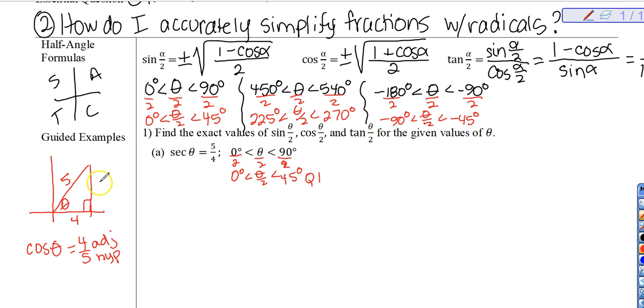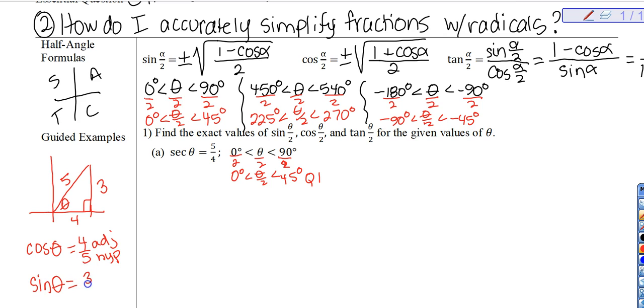What's the opposite? Yeah, this is a 3, 4, 5. And of course you can use the Pythagorean theorem to prove it to yourself. You have two sides of a right triangle; you can always find the third. So let's go ahead and find the sine of theta, because of all the formulas I provided you, you need cosine of theta and sine of theta for the tangent.